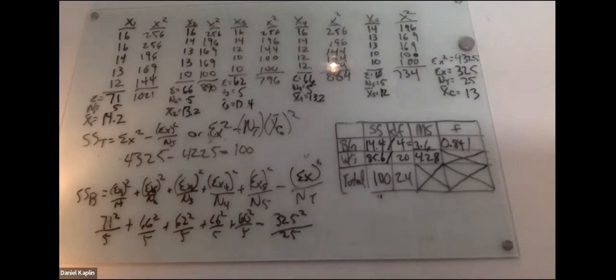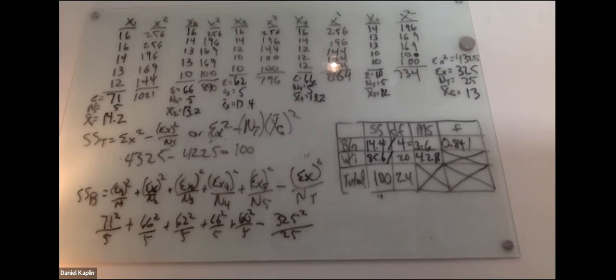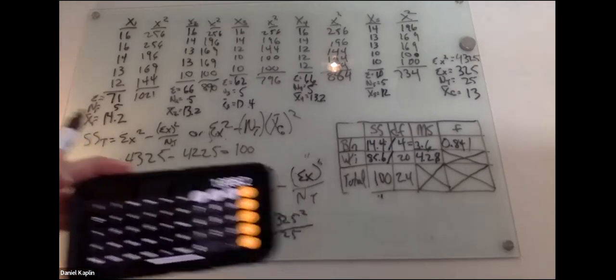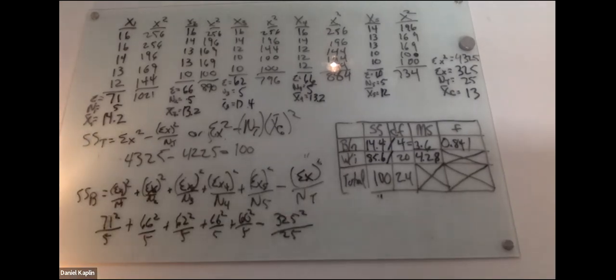So now let's start to plug in these numbers. If I were to do 71 squared divided by 5, I'm going to get something that looks like 1008.2.